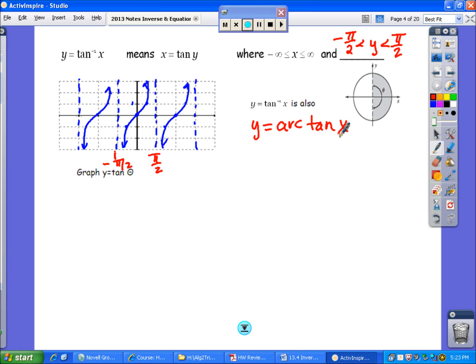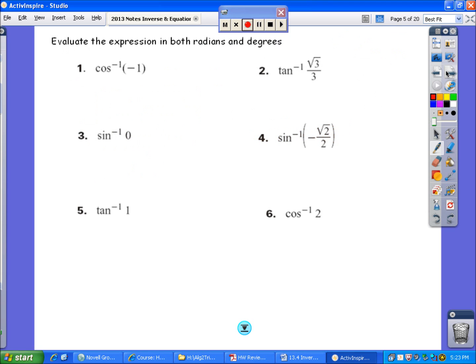All right, how are we going to use this? Why are we doing this? Here are the types of problems you're going to be responsible for. Evaluate the expression in both radians and degrees. So this is inverse, so our answer is going to be an angle. This question is asking, the inverse cosine of -1, it wants to know what theta, what angle, has a cosine of -1.